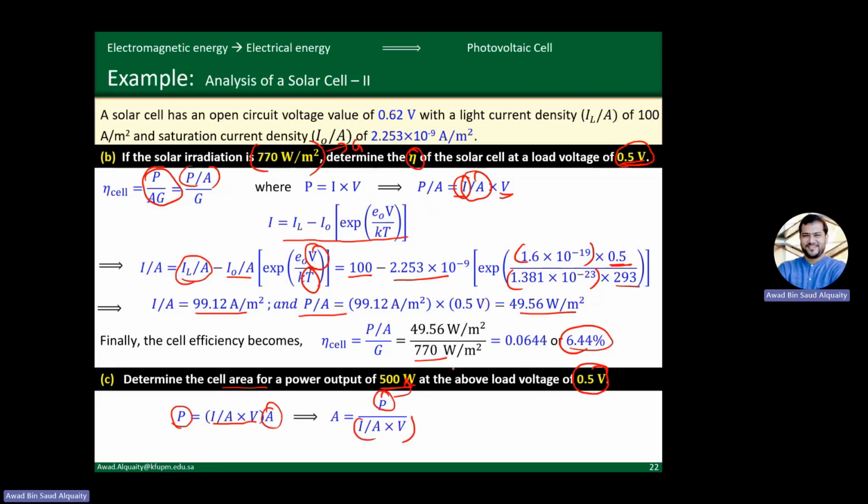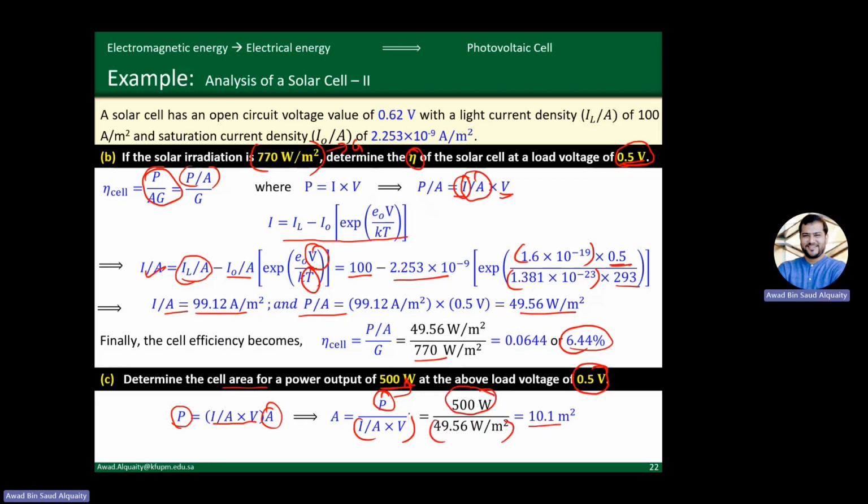We already calculated the current density for a voltage of 0.5, and the corresponding power flux for it. So all we need to do is divide the output you want, the 500 watt, by the power flux for that particular load voltage. What is 49.56? When you do it, you get 10.1 meters squared.